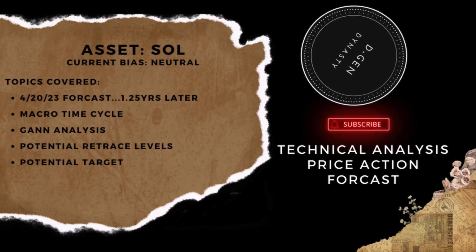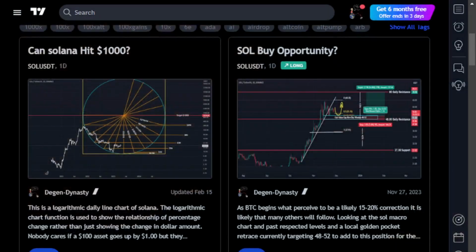We're going to do some Gann analysis. We can get our retrace tool out and look at our percentage changes from our swing low of $8 to our swing high of about 210. And let's look for our confluence for that pie in the sky potential $1,000 target from our Wheel of Fortune.